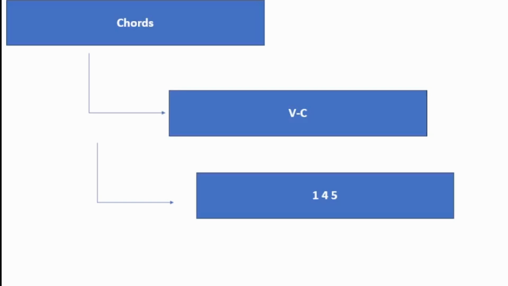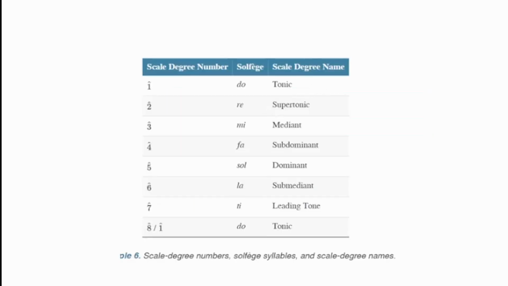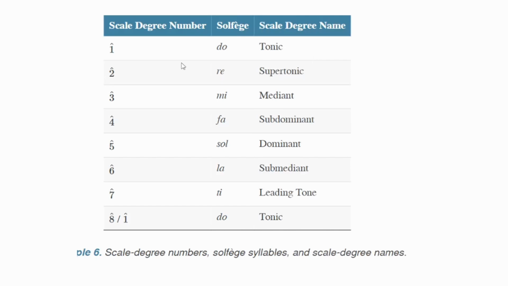That is the chords. Now, we will understand exactly what these symbols mean and why they are used. This is a way to write the letters in a form of scale degrees: solfege, which is do, re, mi, fa, sol, la, ti, do, and scale degree names: tonic, supertonic, mediant, subdominant, dominant, submediant, leading tone, tonic.